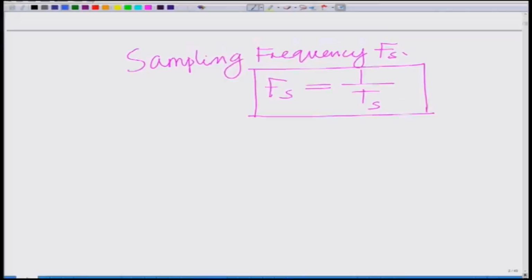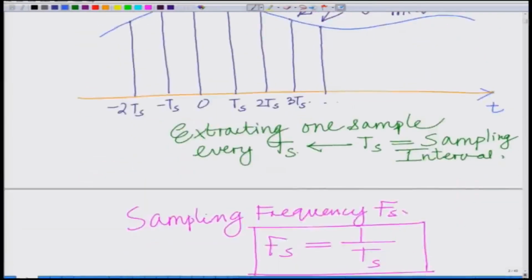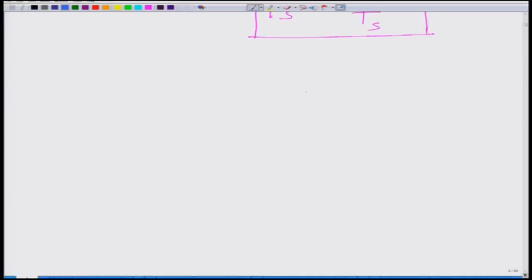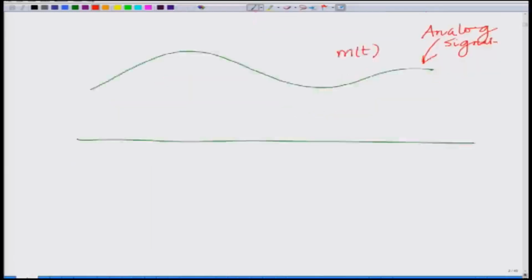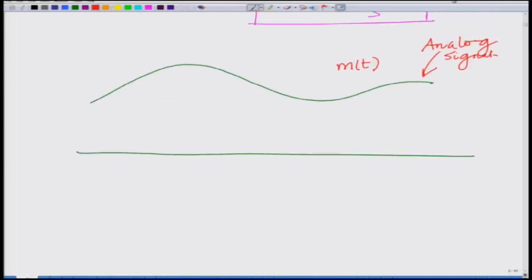Naturally, the sampling process can be represented as follows. I take my signal again. This is m(t), my continuous, analog signal. I can multiply it by an impulse train.